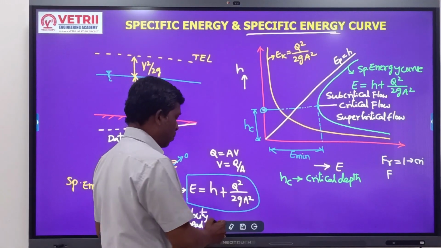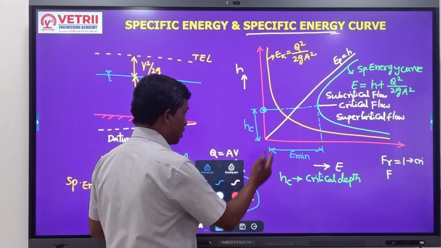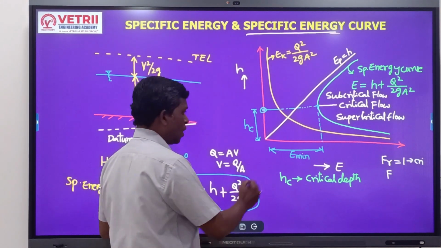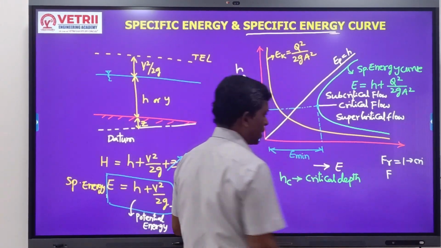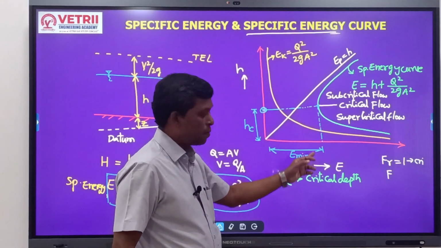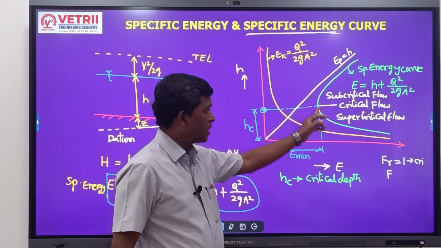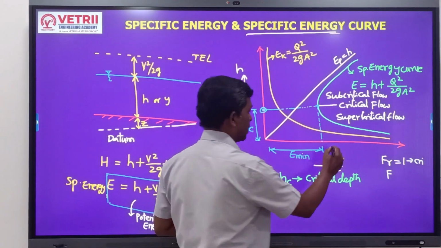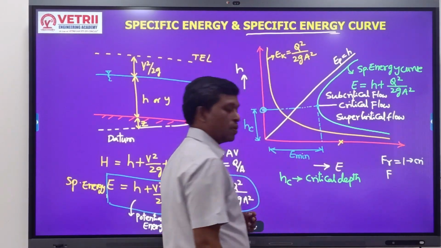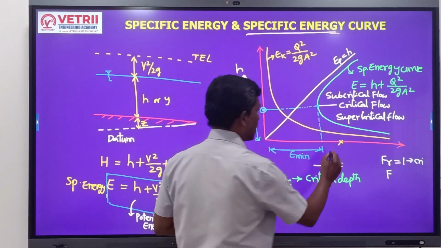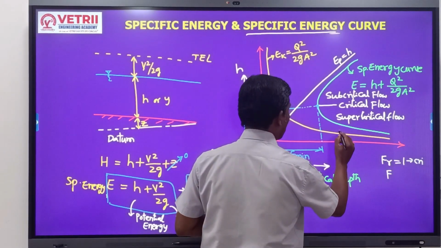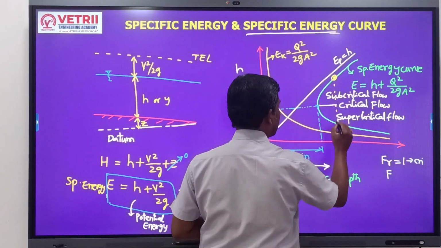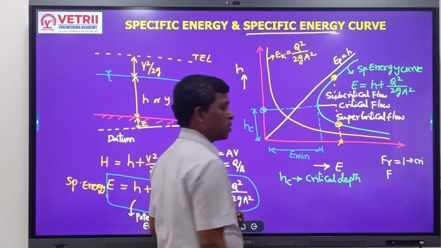One more important point to remember based on this specific energy curve: for any value of specific energy other than E minimum, suppose I take this specific energy and draw a vertical line, it will cut the curve at two different points.